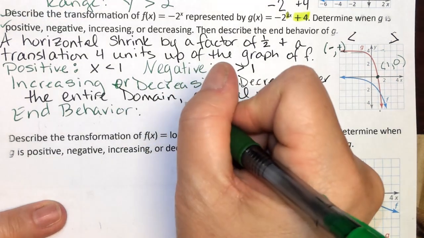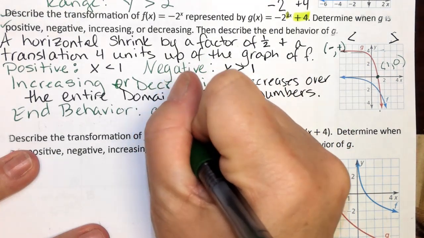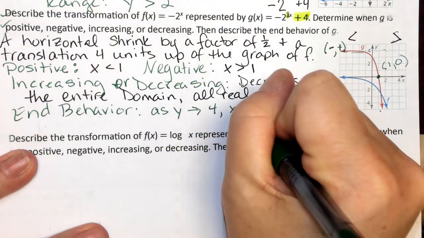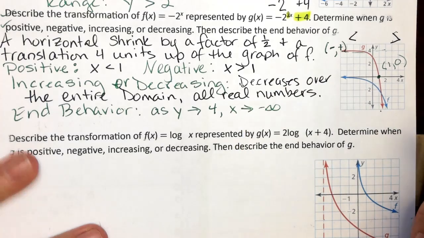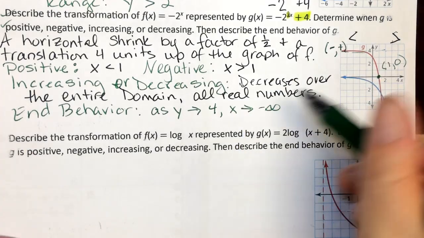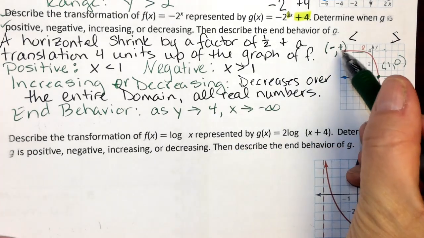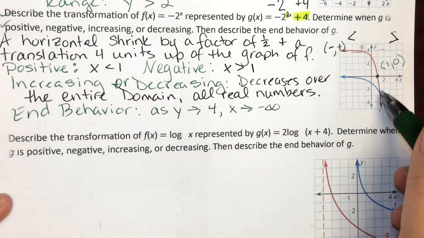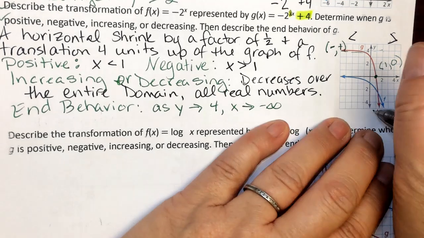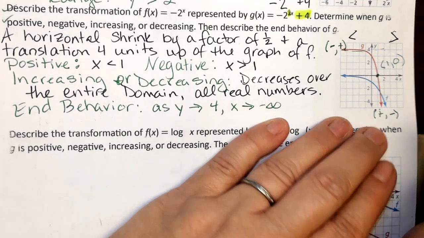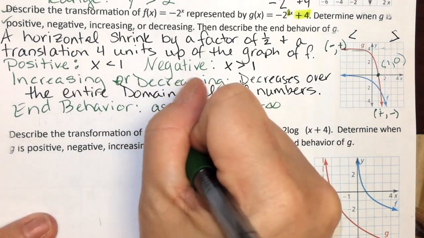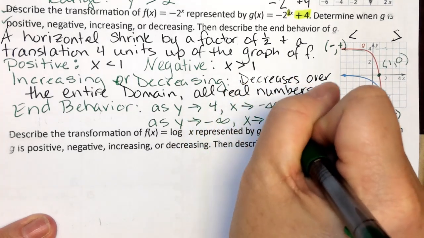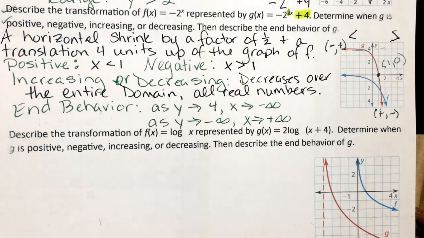We would say as y approaches 4, x is approaching negative infinity. The asymptote in this situation changes it: we don't use positive infinity, we use the asymptote instead. And then this side is going to positive x, negative y. So we would say as y approaches negative infinity, x approaches positive infinity. So that would be your end behavior.